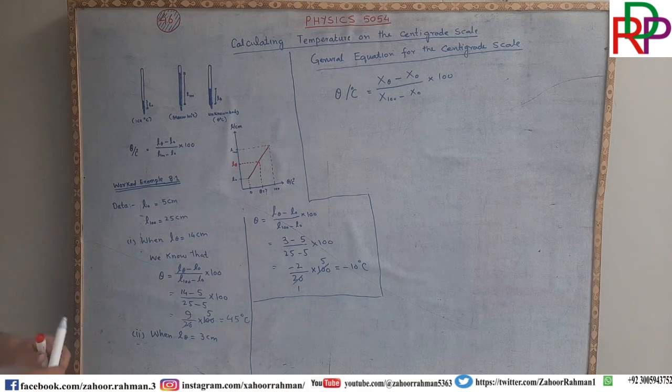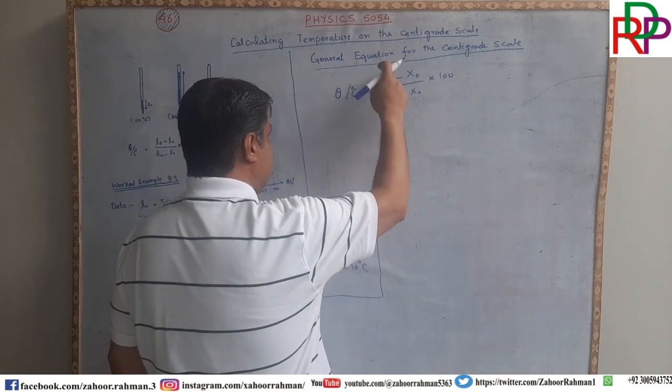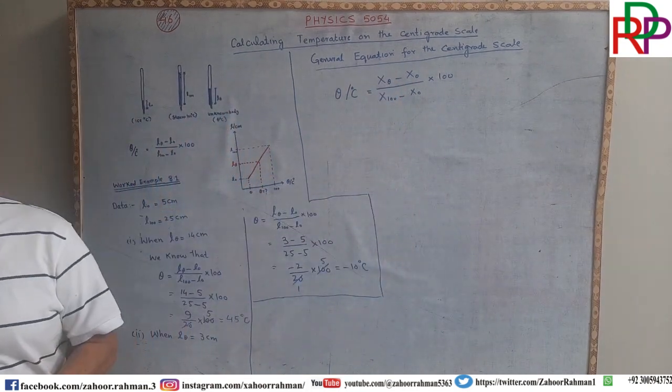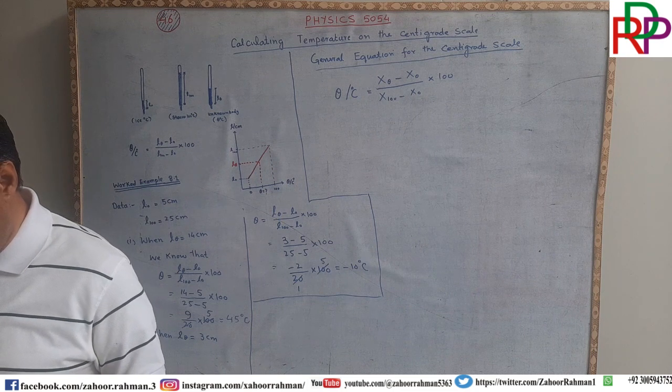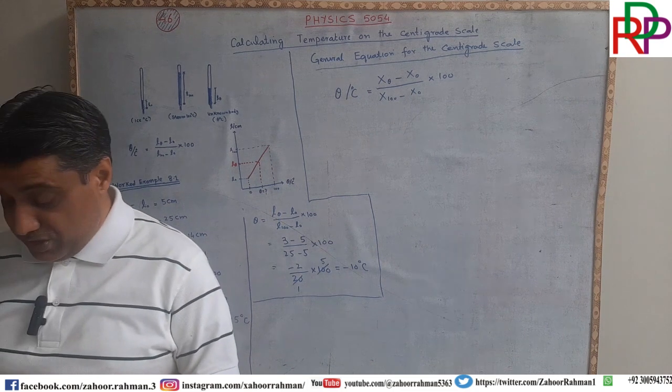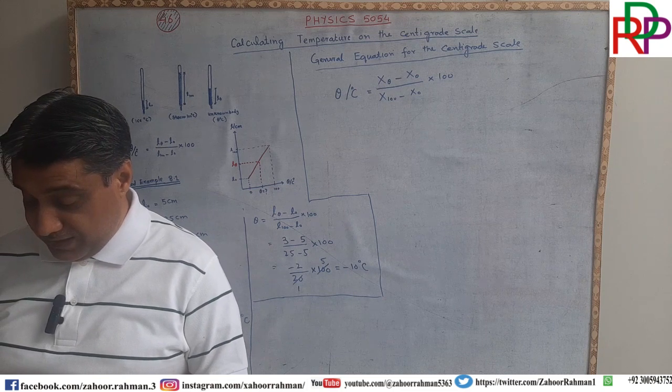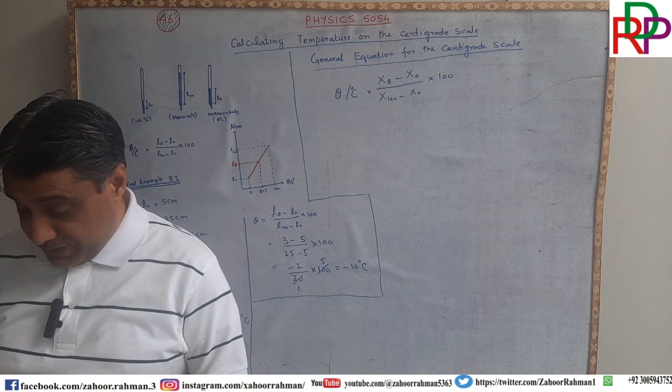So different physical quantities can be used which are measurable and reproducible. So in this case, X means generally the physical property which varies uniformly with temperature.